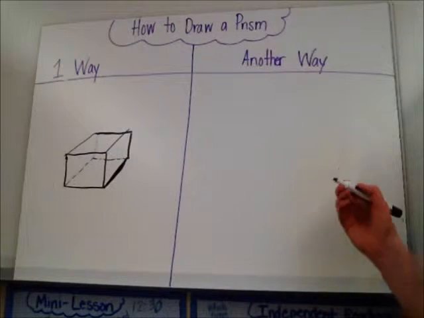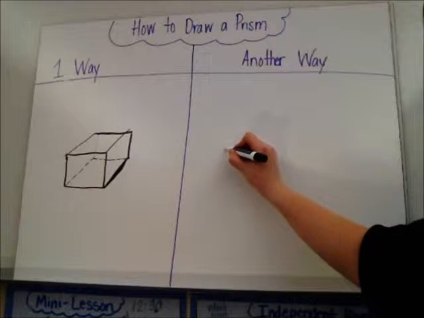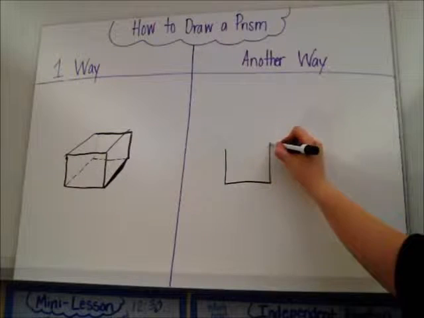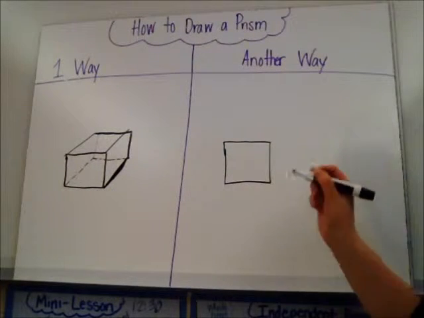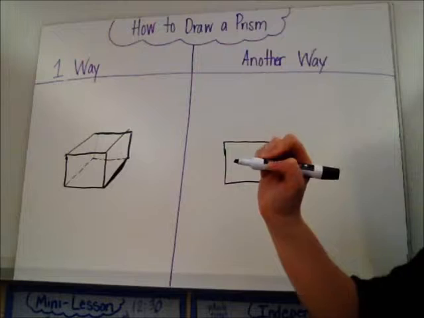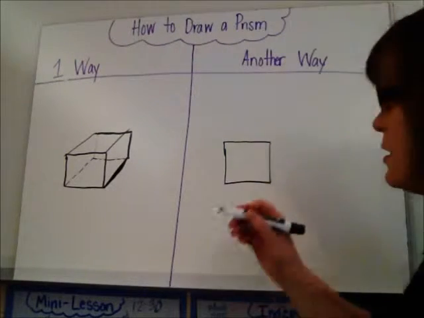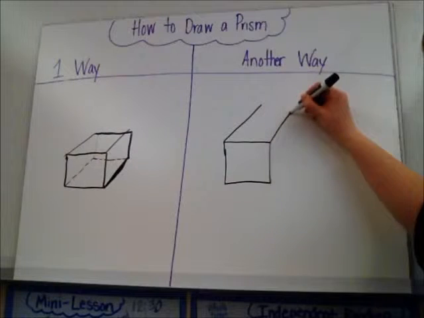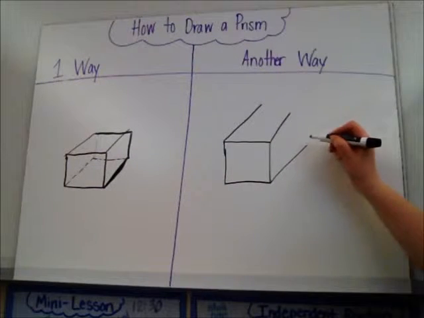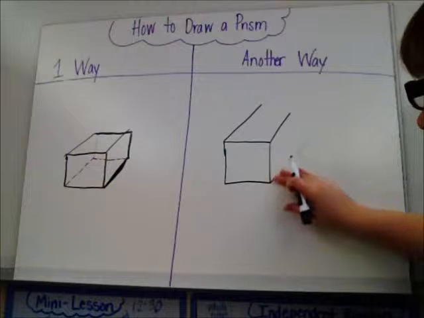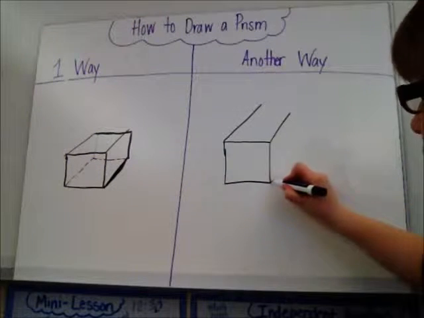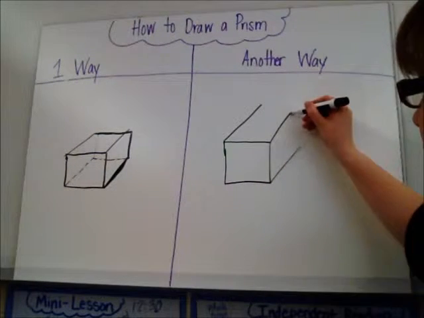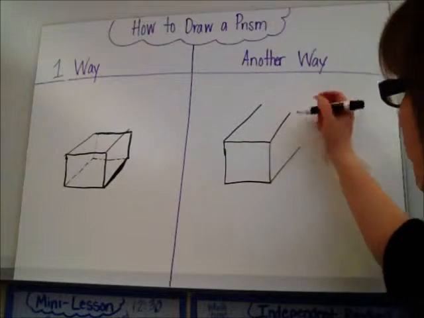Another way is to just start with a box, and then you would draw parallel lines, which means that they never meet, and send them this way, and you would want to use a ruler for this. I'm going to redo that one because I don't think it's really parallel to these ones. And then we connect them with a straight line coming down.